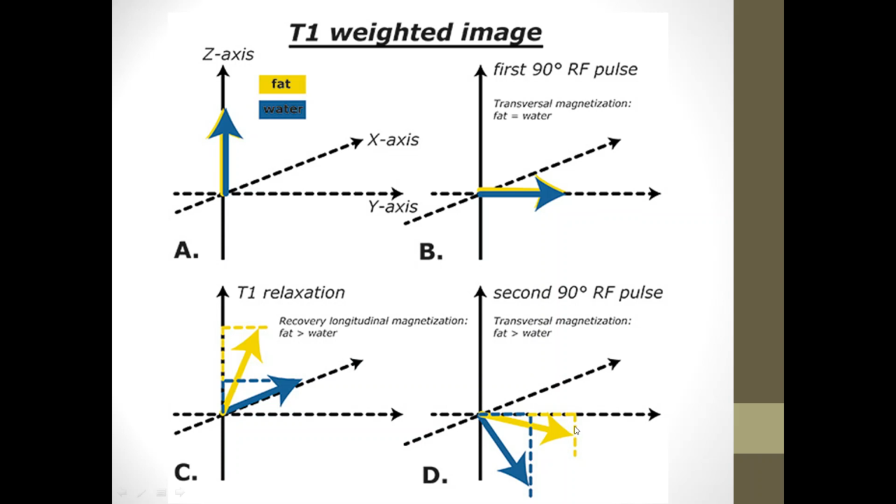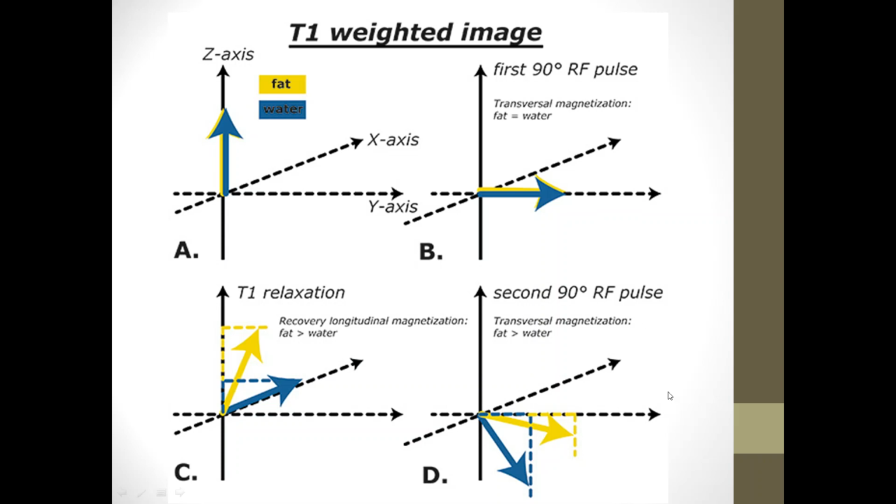You will find here that fat has a higher magnetization than water. So now we succeed in discriminating between the magnetization of protons and the magnetization of the main magnetic field, after applying the second 90-degree pulse.